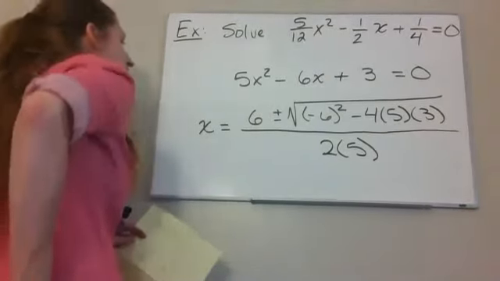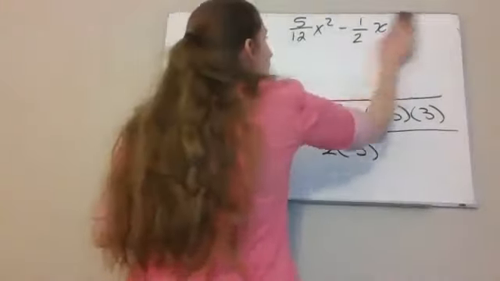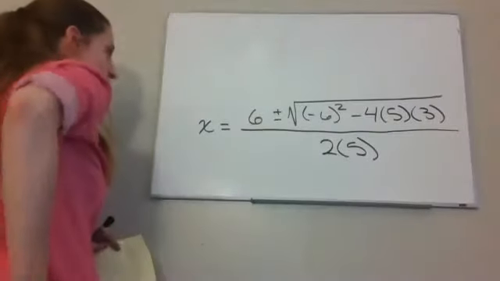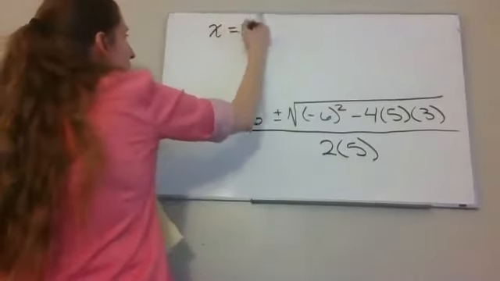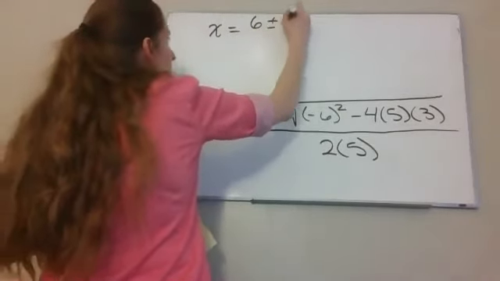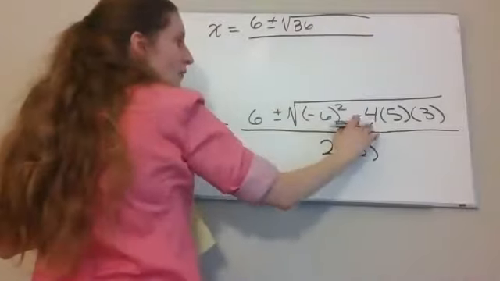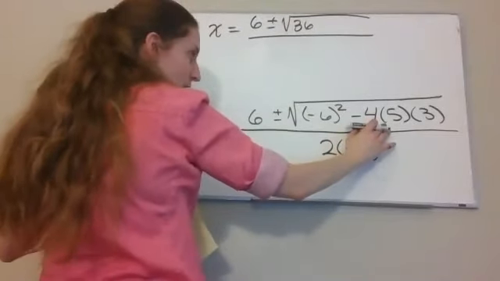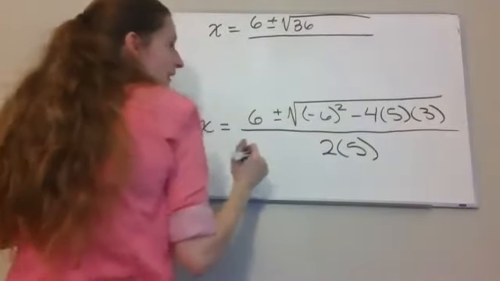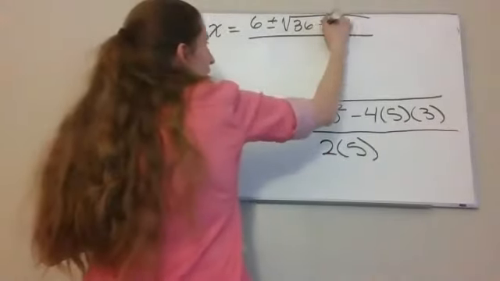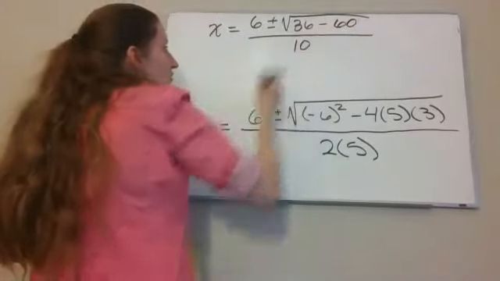So underneath that square root, I have negative 6 in parentheses squared. That's 36. So far I have x equals 6 plus or minus the square root of 36 minus 4 times 5 times 3. Well, 4 times 5 is 20, times 3 is 60, so I have 36 minus 60. And in the denominator, 2 times 5 is 10.